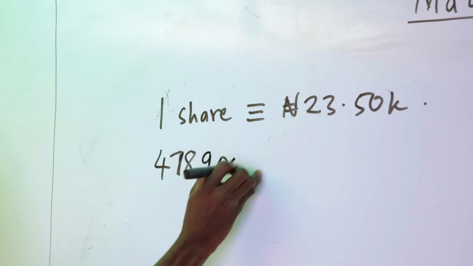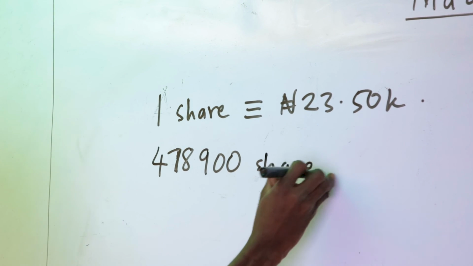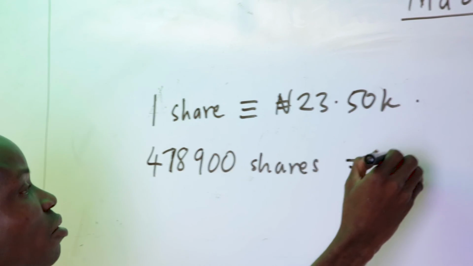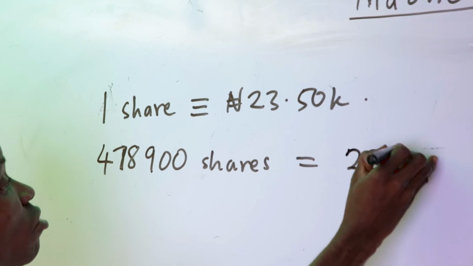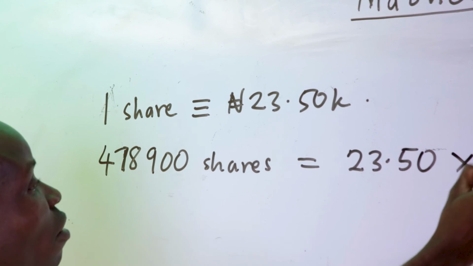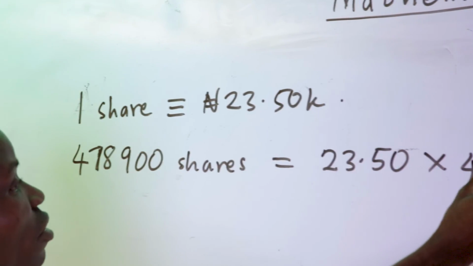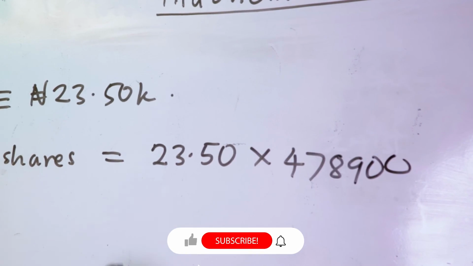478,900 shares will now give us 23.50 multiplied by 478,900.